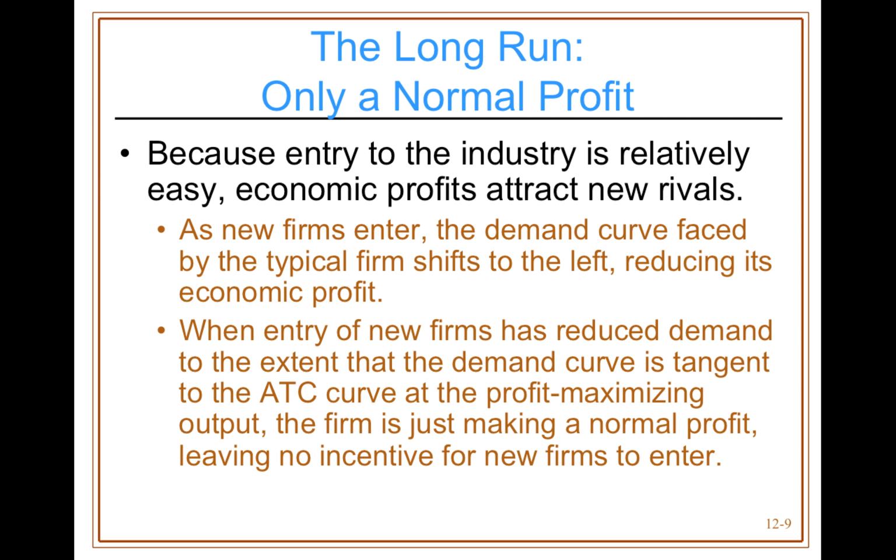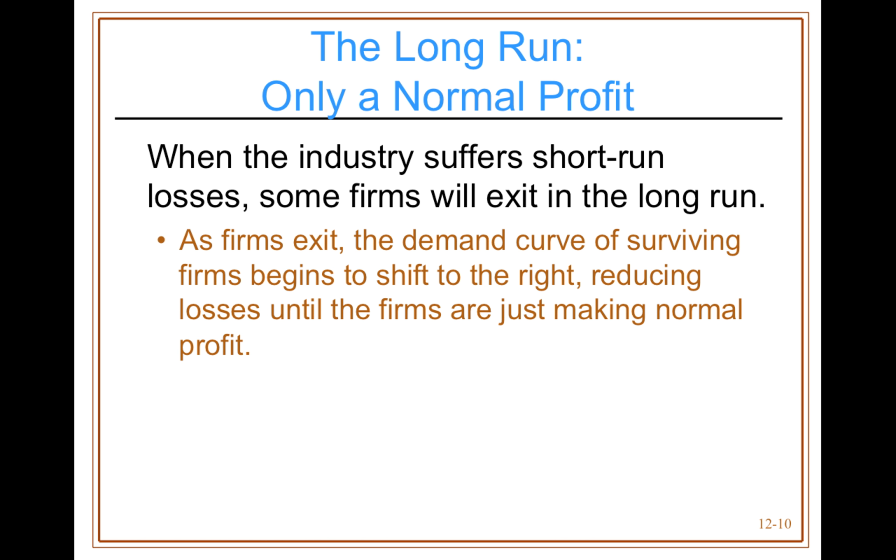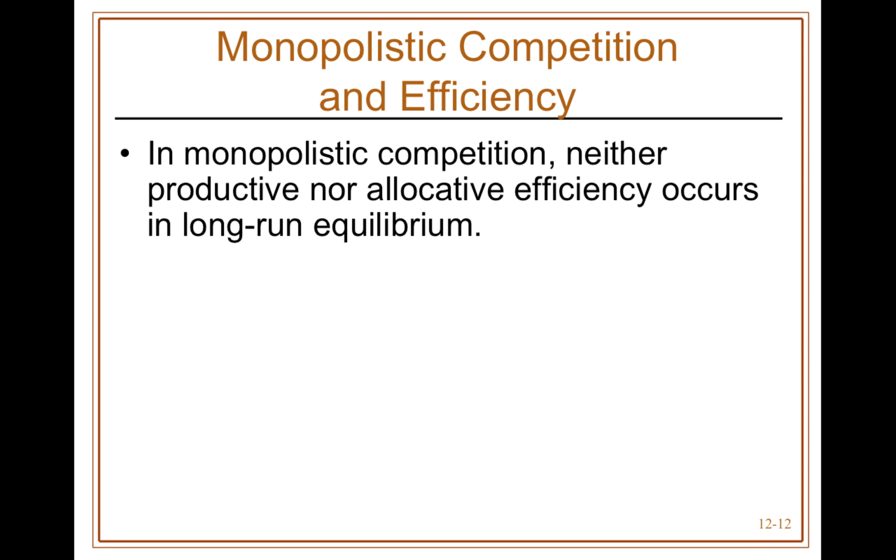When entry of new firms has reduced demand to the extent that the demand curve is tangent to the average total cost curve, at that profit maximizing output, the firm is just making what's called a normal profit, leaving no incentive for new firms to enter the industry. When the industry suffers short run losses, some firms will exit. As firms exit, the demand curve for the surviving firms will shift to the right, reducing loss until the firms are just making a normal profit again.